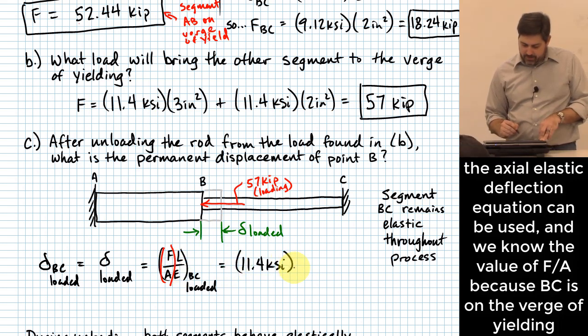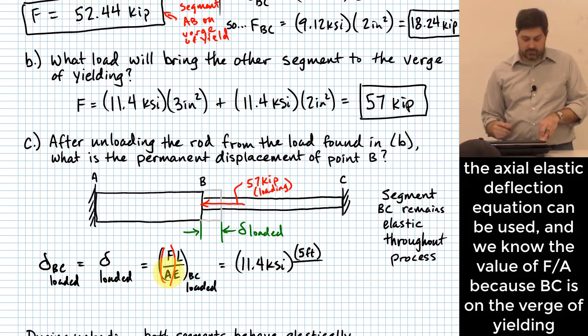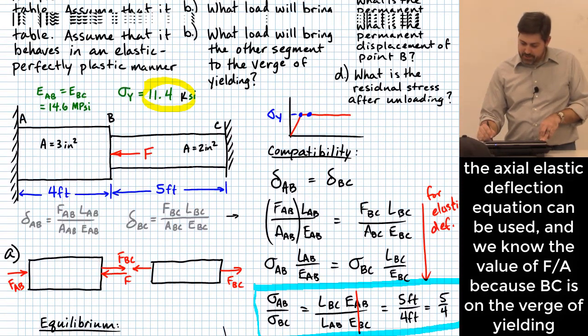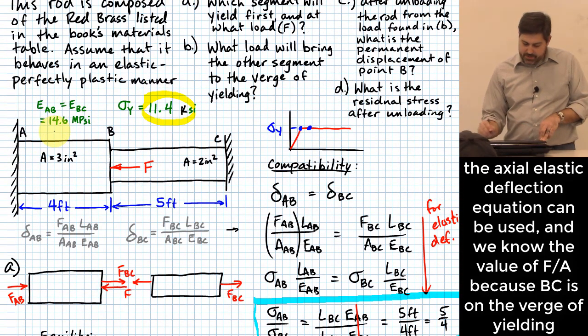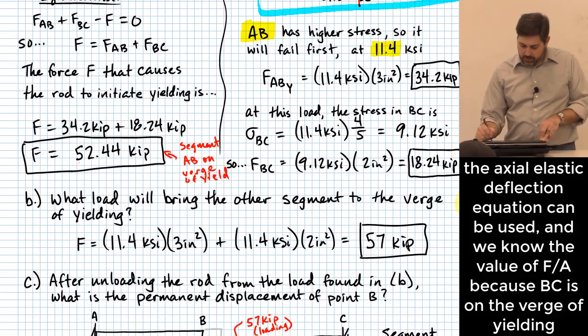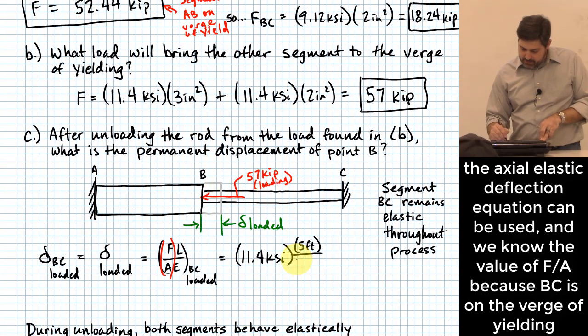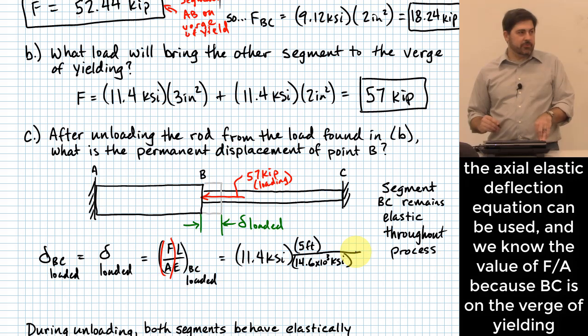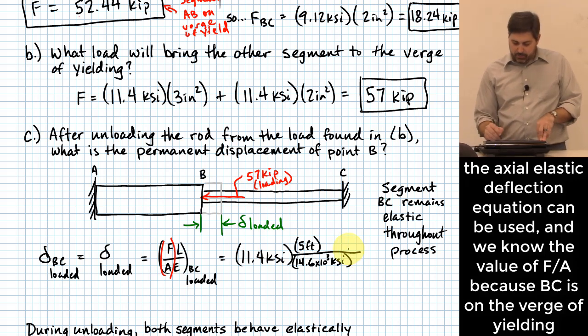What's L? What was the L of BC? 5 feet. What was the E? Actually, we may not have used that just yet. E was 14.6 MPSI, or another way of saying that is 14.6 times 10 to the third KSI. Now, I don't really want this to end up in feet, which is what it's going to end up with right now.